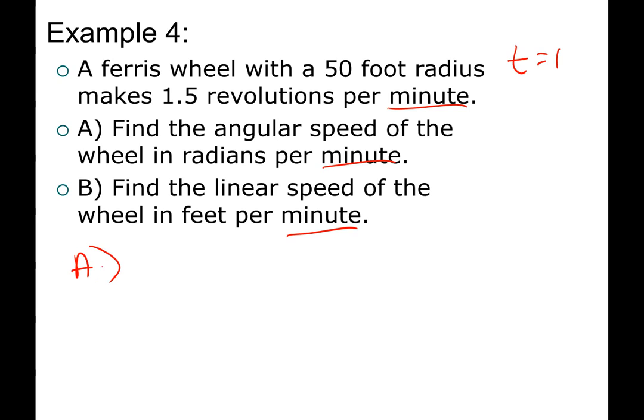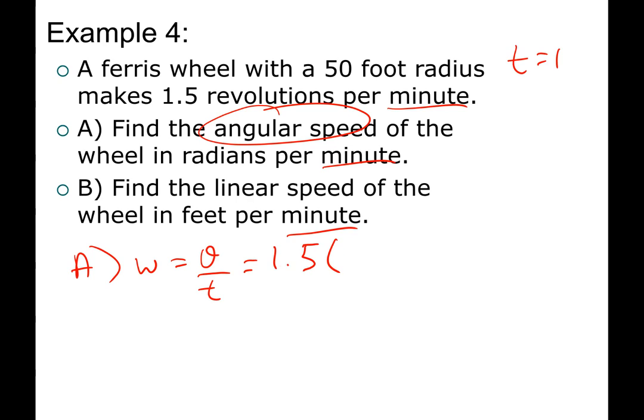So when it comes to A, we're talking about angular speed. So again, you're going to use that psi, which is kind of a fancy looking W. That is going to be equal to the central angle divided by time. Again, time you can just leave as a 1, which means you can just disregard it because we're all in minutes. So when we're talking about the angle, you have to talk about how much the angle changes in 1.5 revolutions.